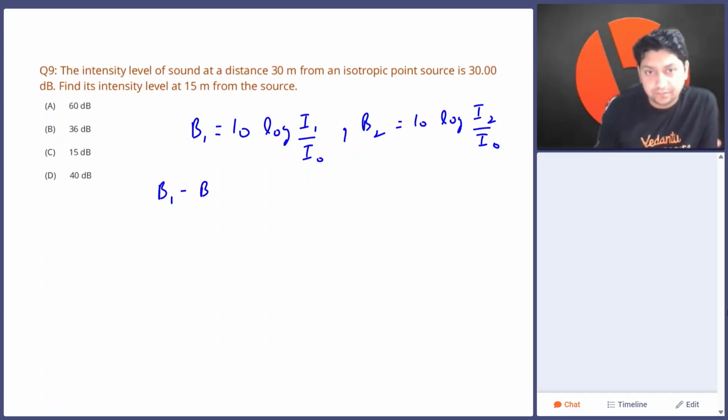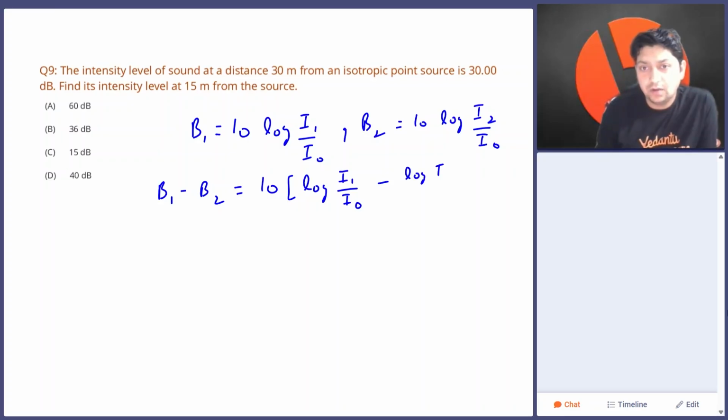So b1 minus b2 will be equal to 10 is taken common, log I1 by I0 minus log I2 by I0, right?